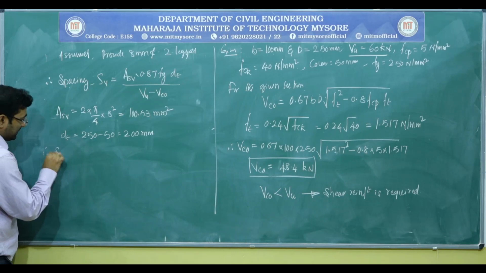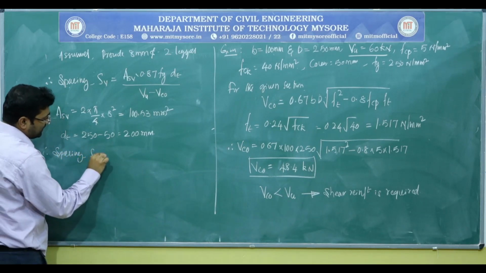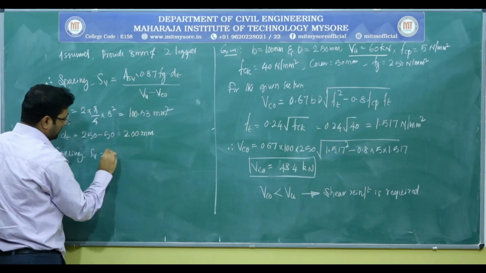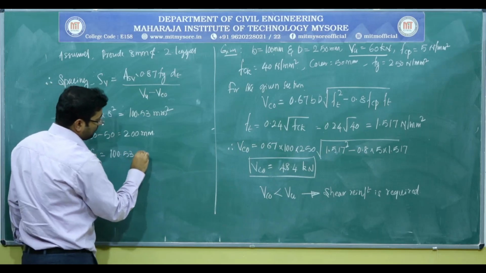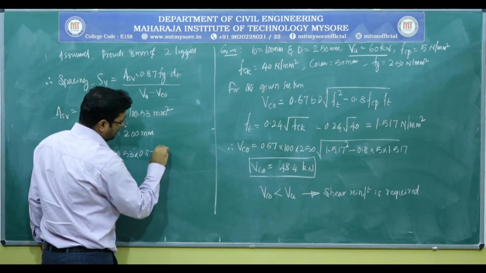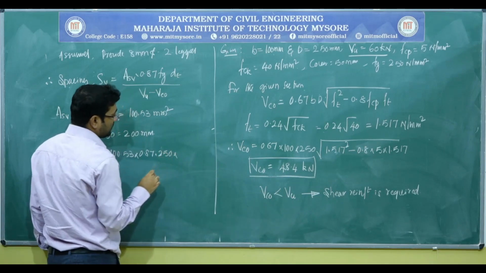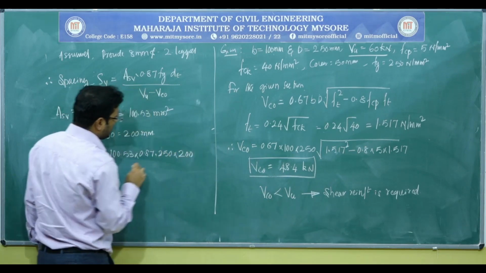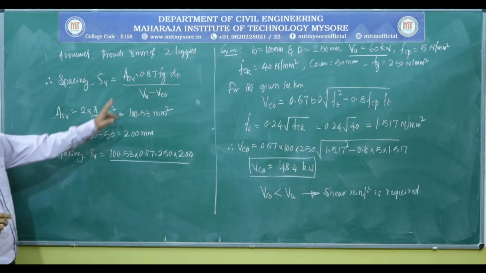Therefore, spacing SV is equal to ASV 100.53 into 0.87 into Fy 250 into dt 200 whole divided by VU minus VC.